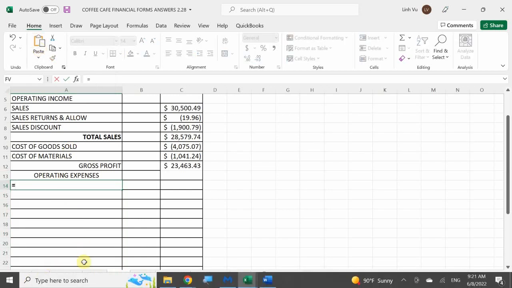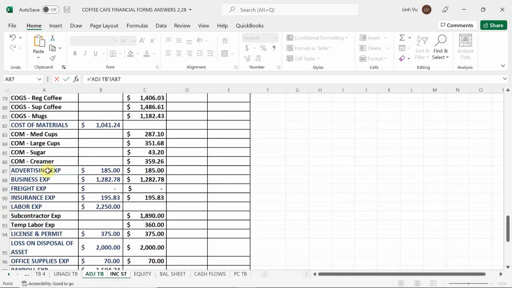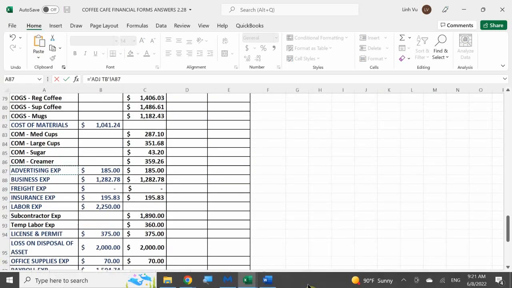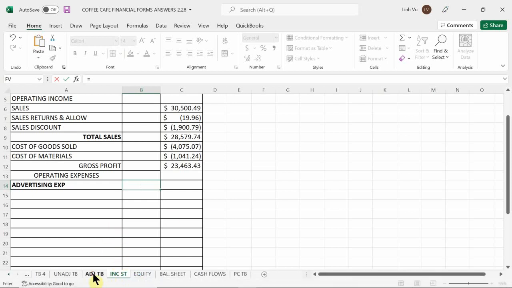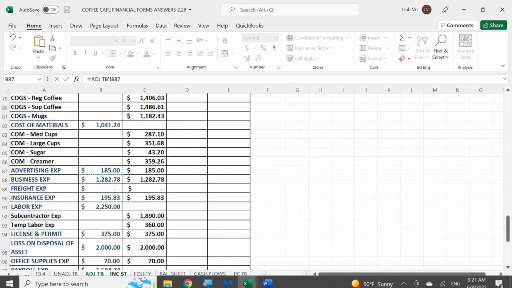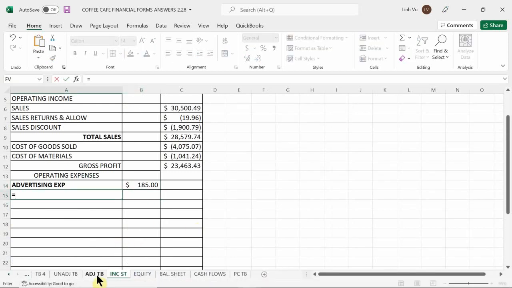Well, the first operating expense that you have incurred was your advertising expense, okay? And I'm going to use the left column here to just summarize all of my expenses here, my operating expenses. So in this case, I spent $185 to advertise for my business, okay?